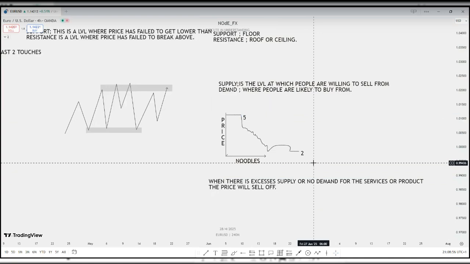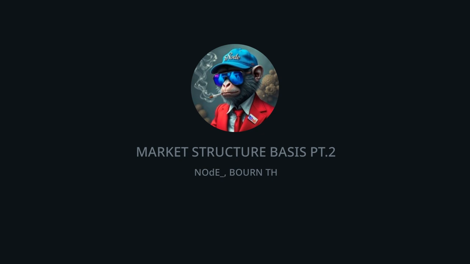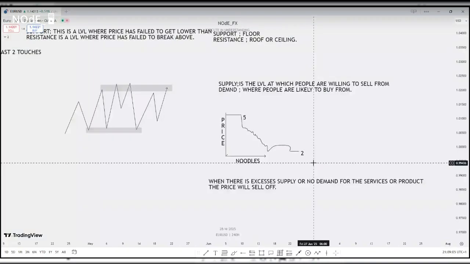Why? Because there's too much. It's just like when there's too much availability of yourself, your value starts to drop. That is what supply does. Supply brings about sales.